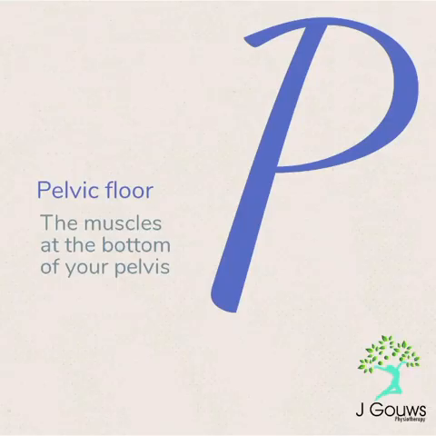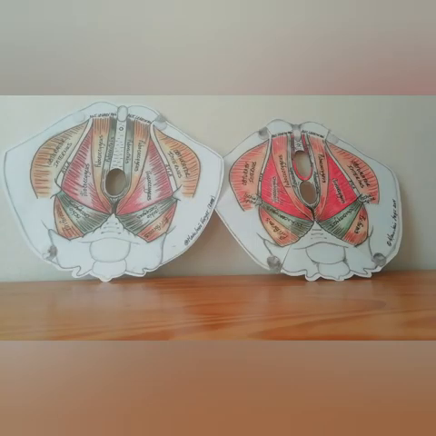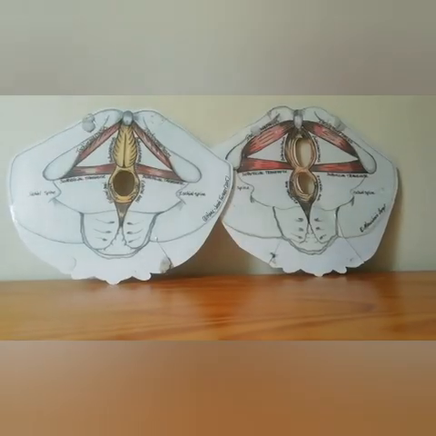P is for pelvic floor. So pelvic floor is the muscles that's at the bottom of the pelvis if you're standing up. What you're seeing here is a view as if we're looking from the top down into the pelvis. Both people who have penises as well as vaginas have the same muscles that's in the pelvis.